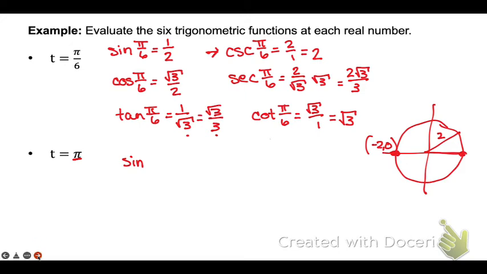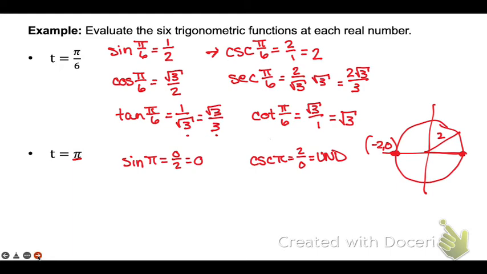So the sine of pi would be y over r, right? So 0 over 2, which would be what? 0. The cosecant of pi would be 2 over 0, which would be undefined.